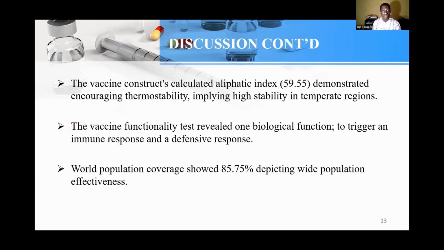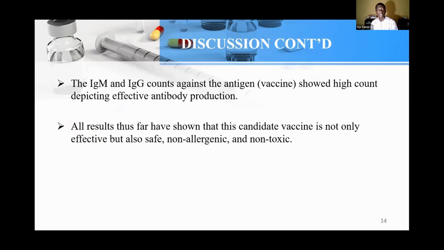Fortunately, the vaccine only presented an immune response and defensive response effect, while the world population coverage of the vaccine is 85.75. This is a promising result, that nearly over 85% of the total world population will respond to this antigen. As the IgM and IgG counts against the antigen vaccine showed high counts, depicting effective antibody production.